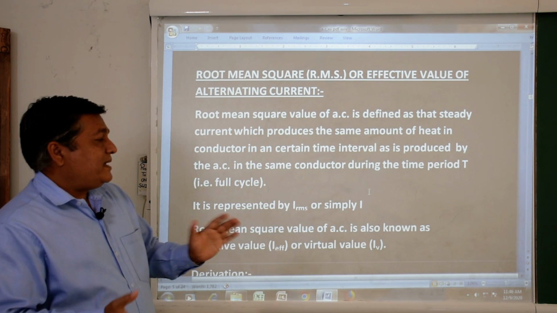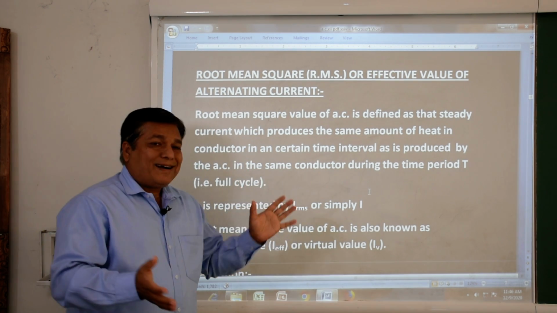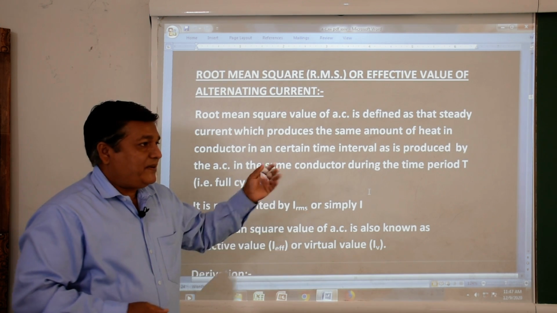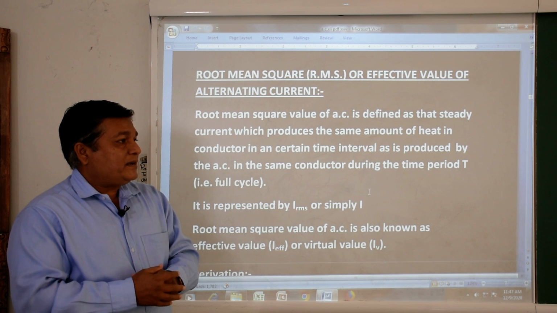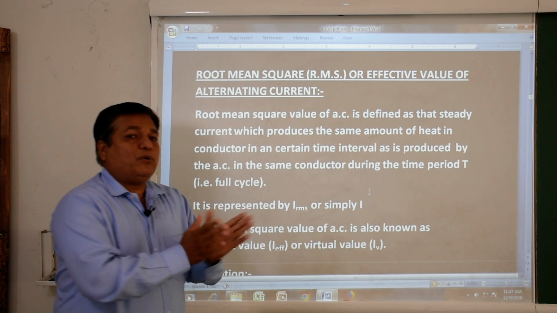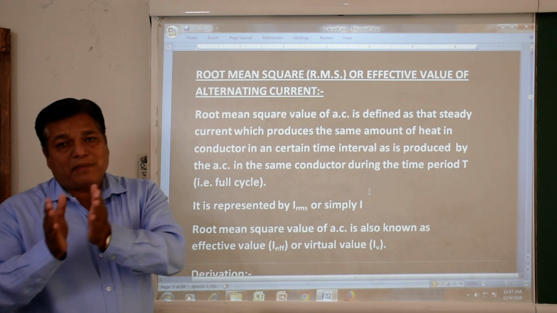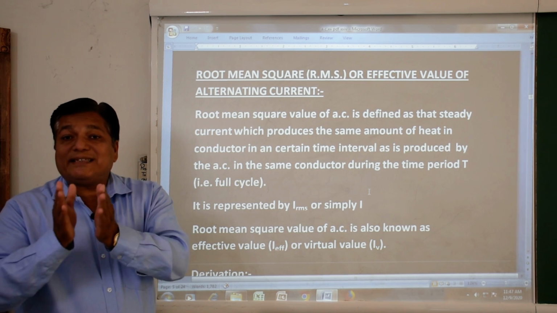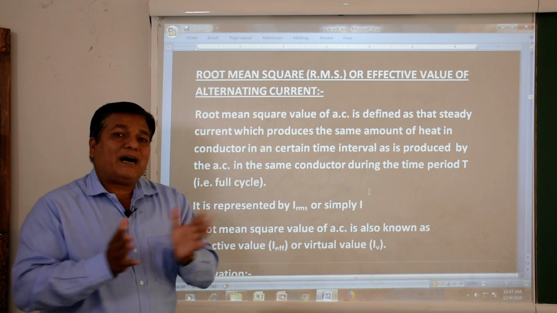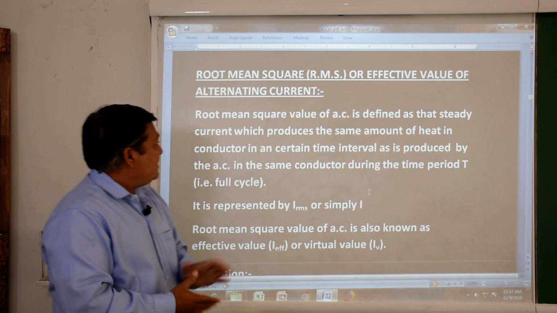Again, we have compared the alternating current with the direct current, and we have written a definition for the root mean square value by the heating effect. It means the heat produced by both direct current and alternate current in a fixed interval of time in a particular circuit is equal.